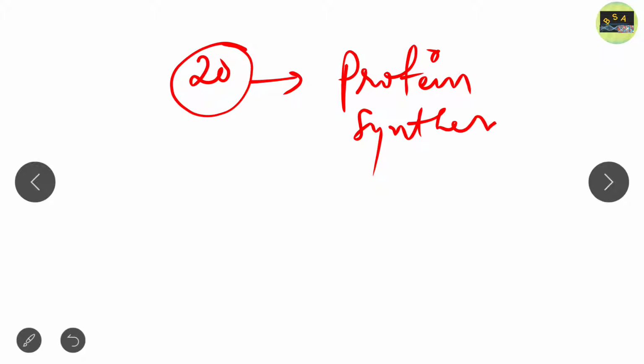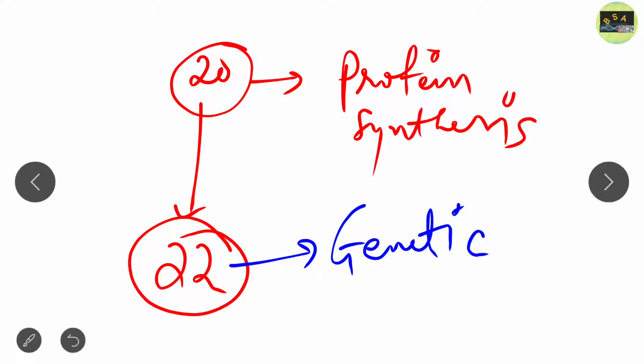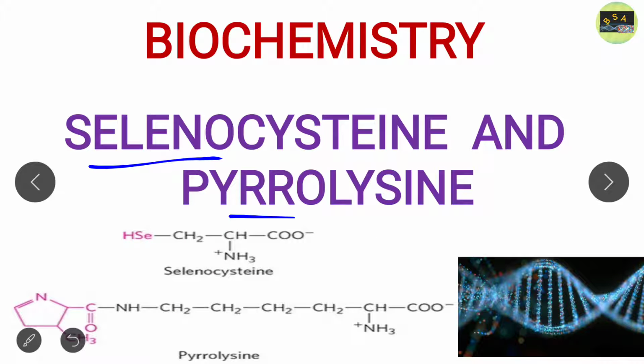But there are actually 22 amino acids rather than 20, that are specified by the genetic code. Those two extra amino acids, plus 2, become 22, and they are selenocysteine and pyrrolysine. Clear now?